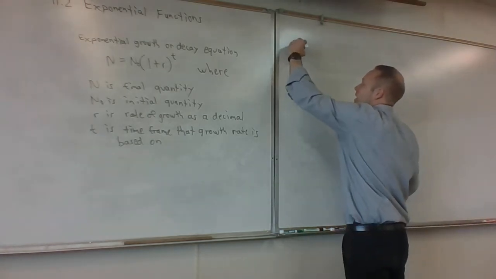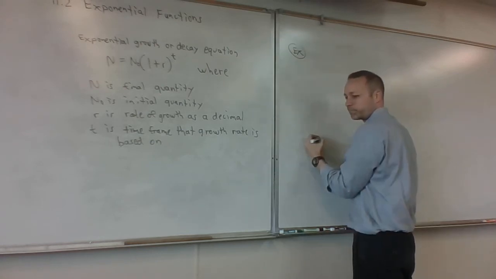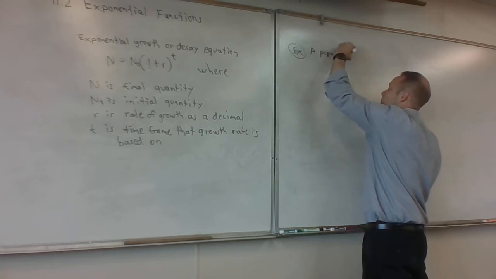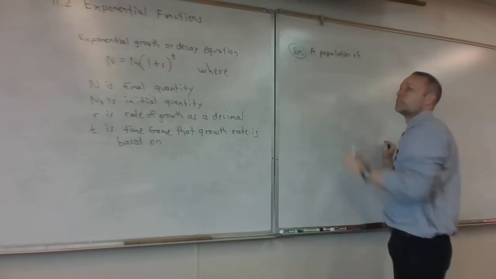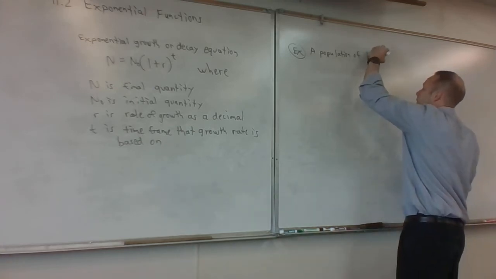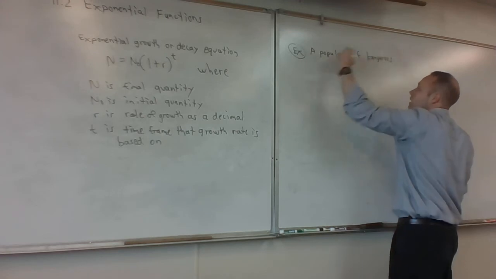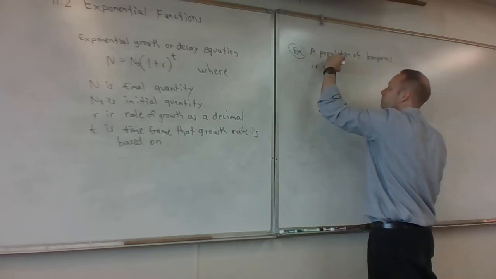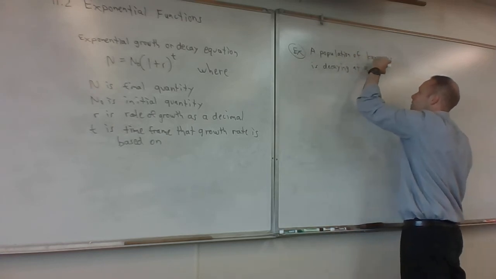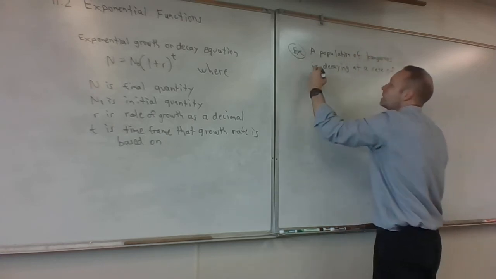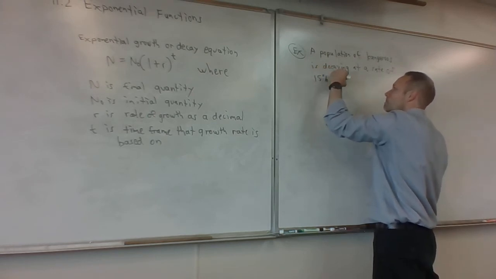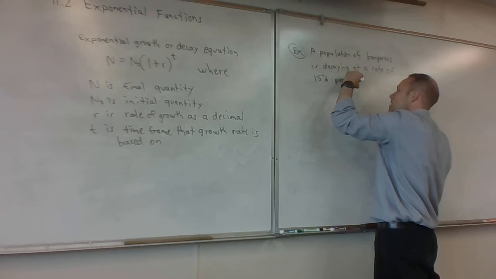So let's say we have a population of kangaroos. Kangaroos is decaying at a rate of, let's go 15% per year.